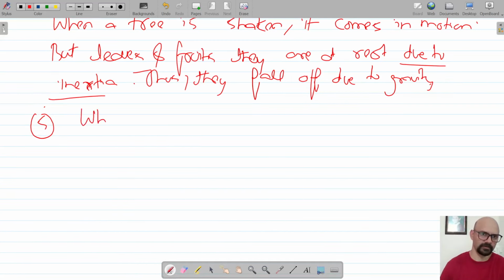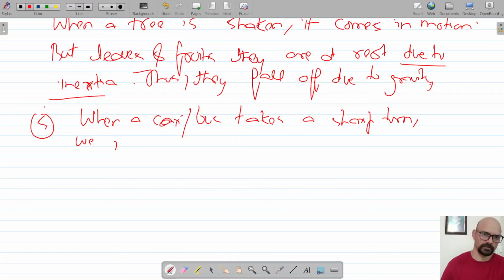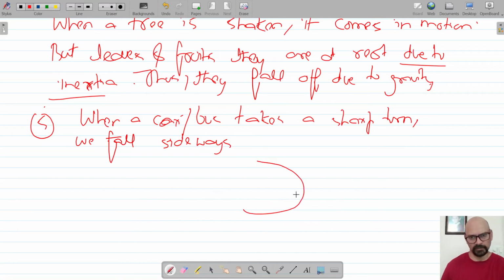So when a car or bus takes a sharp turn, we fall sideways. Let's say this is a sharp turn and we are in this car. The car comes here and we fall sideways towards this side. So that is also because of the inertia.